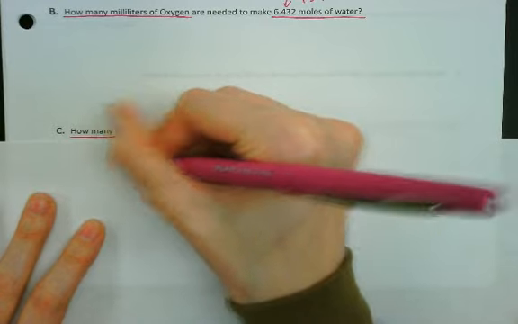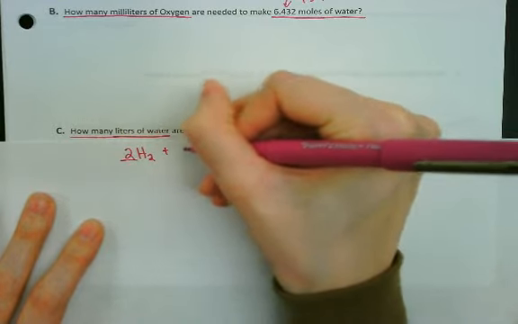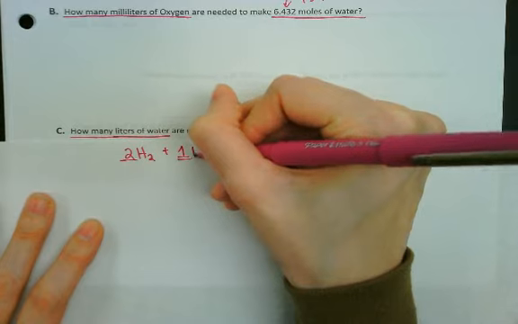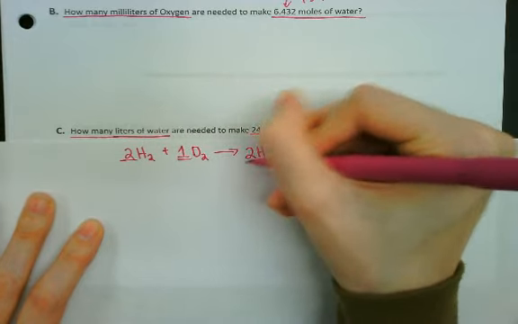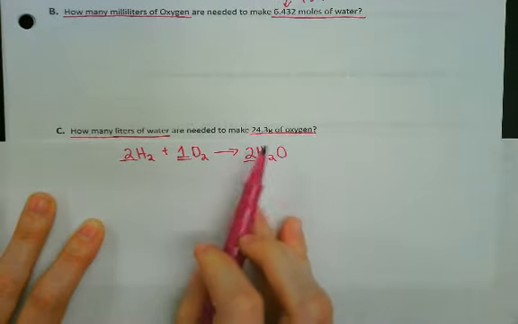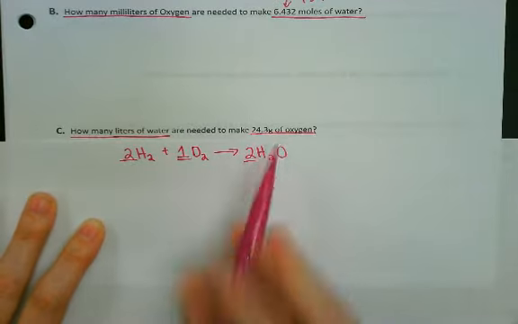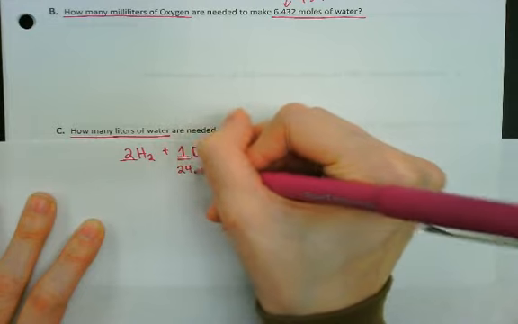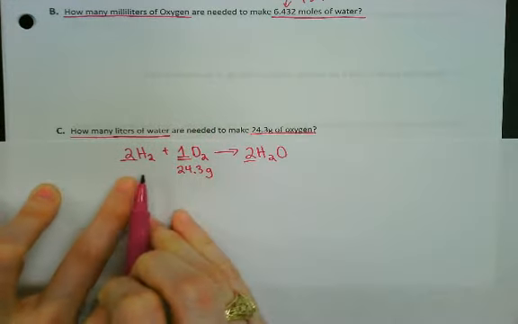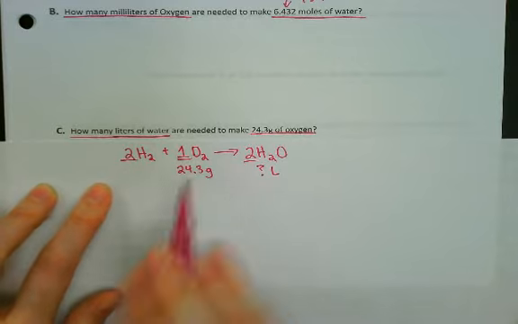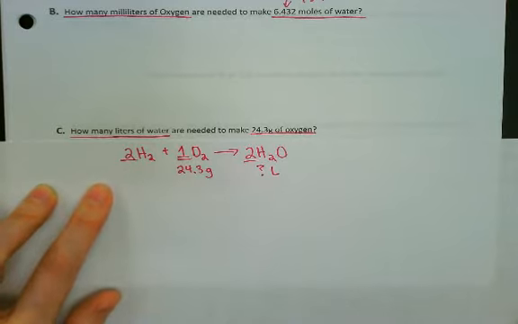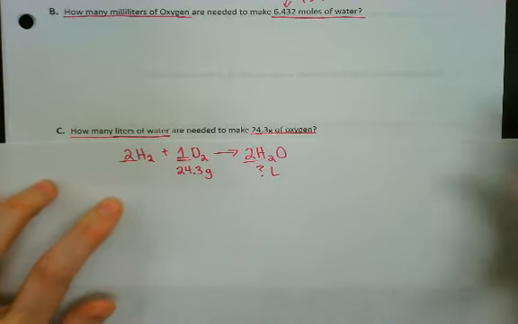The map is going to help you know where you are going and cut down on errors. So we have our balanced equation. We are told we have 24.3 grams of oxygen. And we want to know how many liters of water we can get from 24.3 grams of oxygen. Okay?